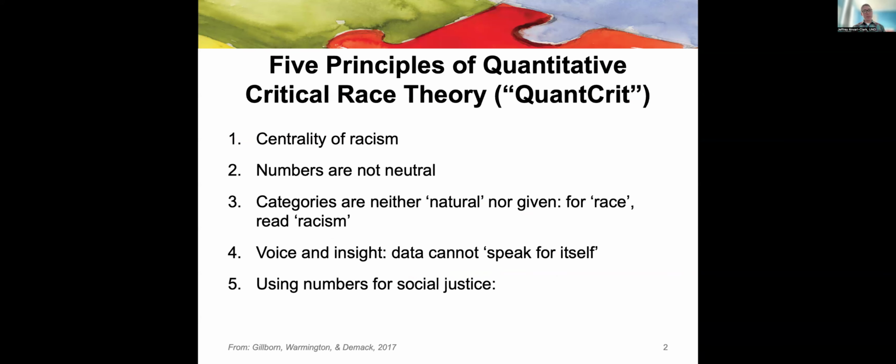Now, your textbook does not address this, but one of the major conceptual and ethical approaches that has been coming about in recent years is this idea of QuantCrit, or critical race theory and quantitative analysis, and bringing a healthy degree of skepticism to our quantitative analysis.